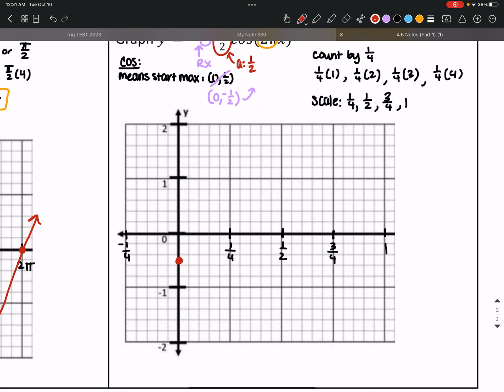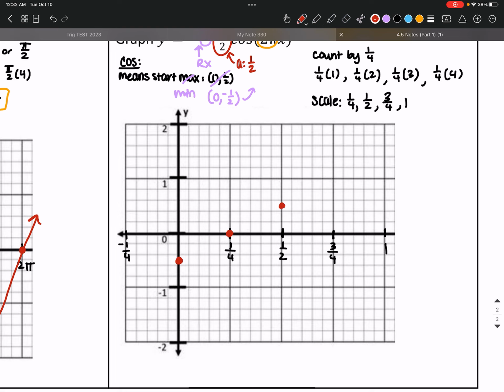And then the next important point is I'm going to be going up from there. So if I'm starting at the minimum, I'm going to be going up from there. And I'm starting at the minimum here instead of the maximum because I flipped upside down. Then at 1/2, I'll be at 1/2.